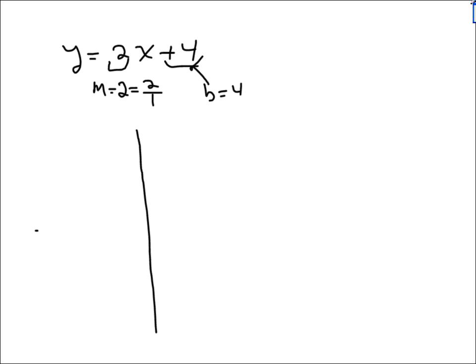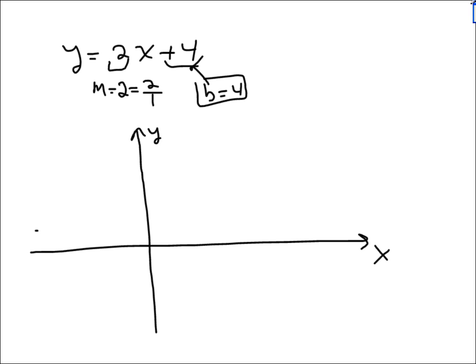Now, a lot of students have no problem writing down what I just did, that m equals 2 and b equals 4. But then they get lost as to what these things mean. B is 4. That means we intercept the y-axis at 4. Not at 17, not at -9, and not at 2, but rather 4.